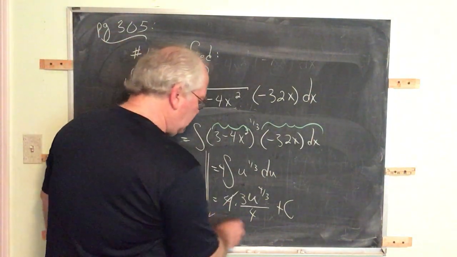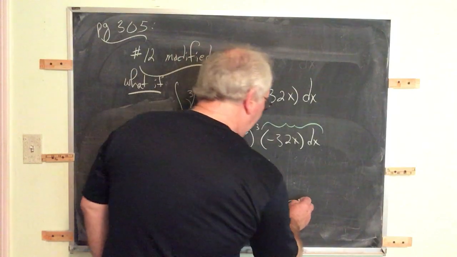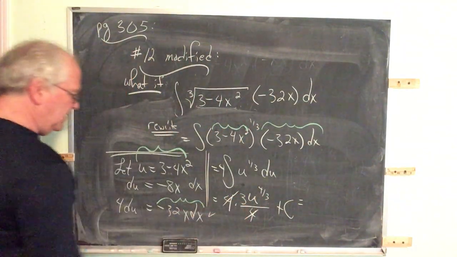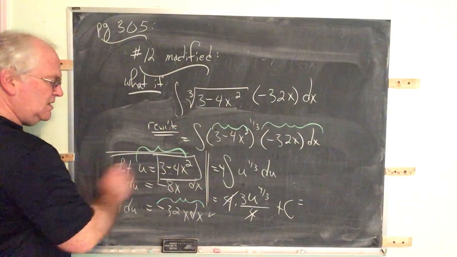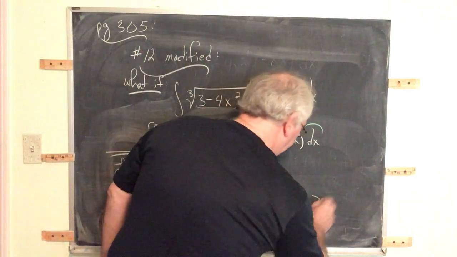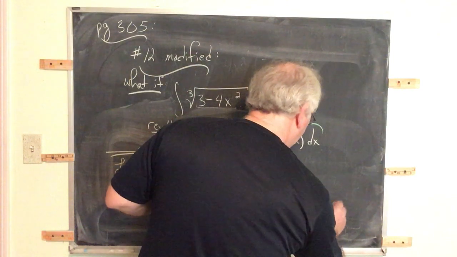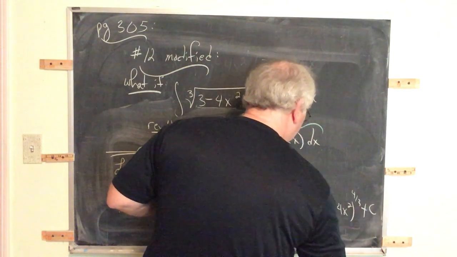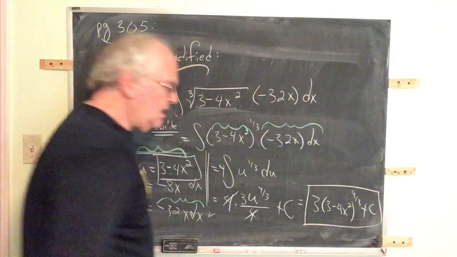And so then if we go back to the x language, instead of 3u to the 4/3, it's 3 times this expression to the 4/3. So this is 3 times the expression to the 4/3 plus constant. And we're out.